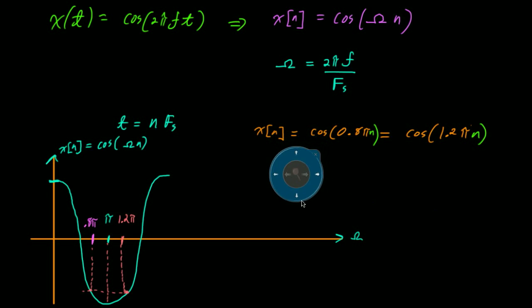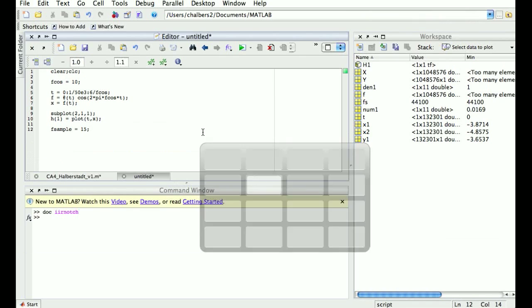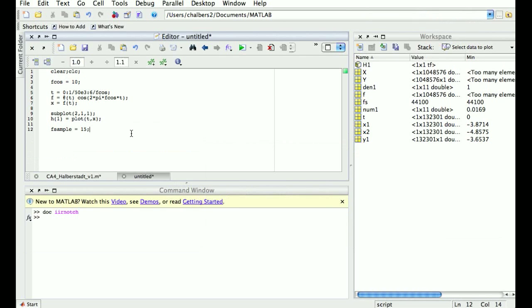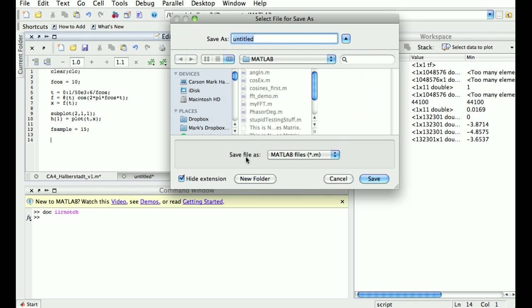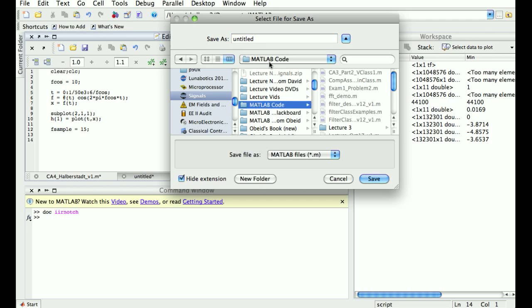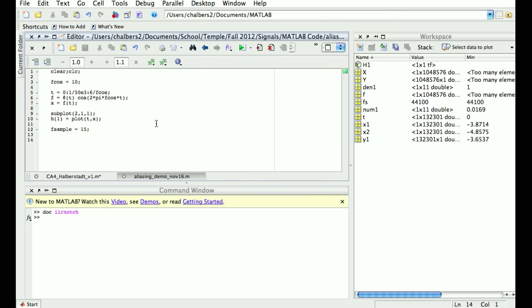Okay. So let's actually look at this math problem. I have some code here. I won't worry too much about the code, but what I want to show you is what we're looking at.